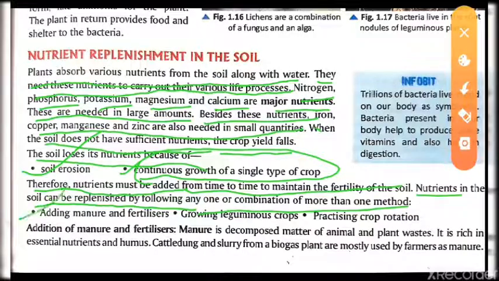First, written here, adding manures and fertilizers. So what are manures and what are fertilizers? Simply, manure means gobar, that is, cow dung. You all might have seen that farmers, just before the rain, put dry cow dung into their soil so that it becomes fertile.